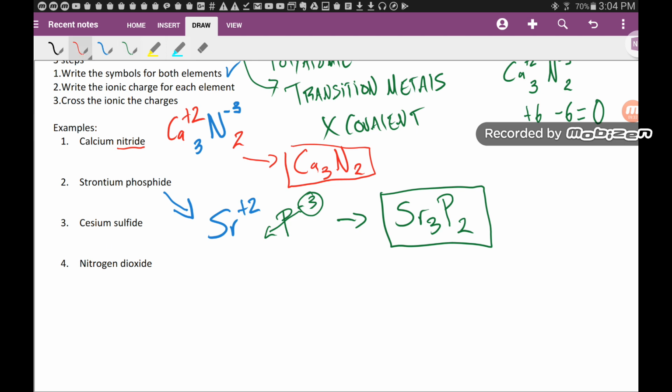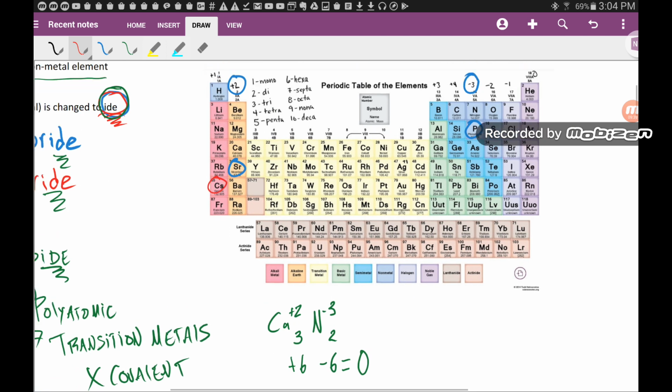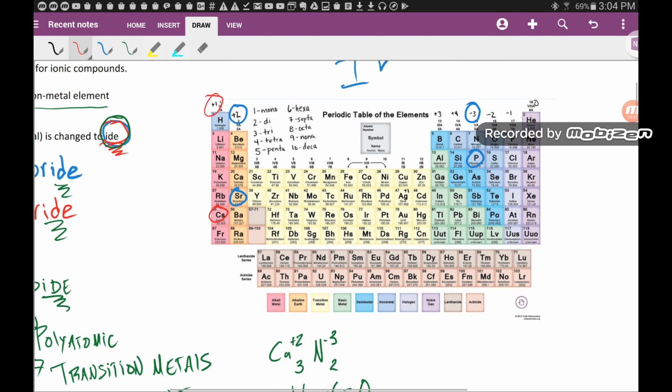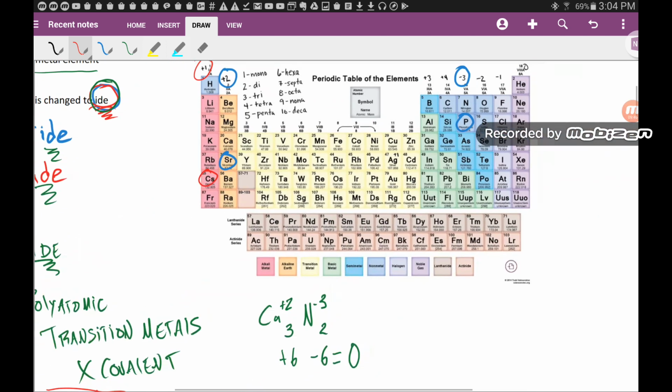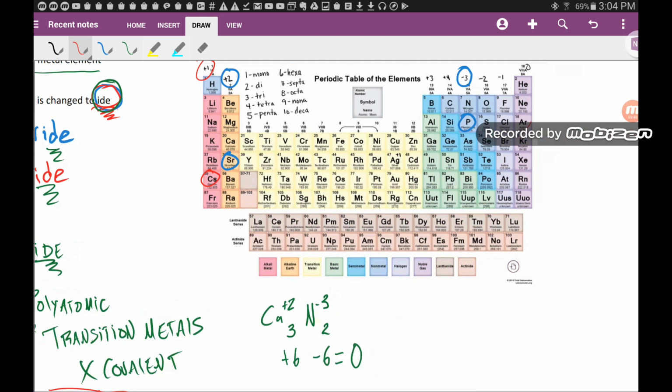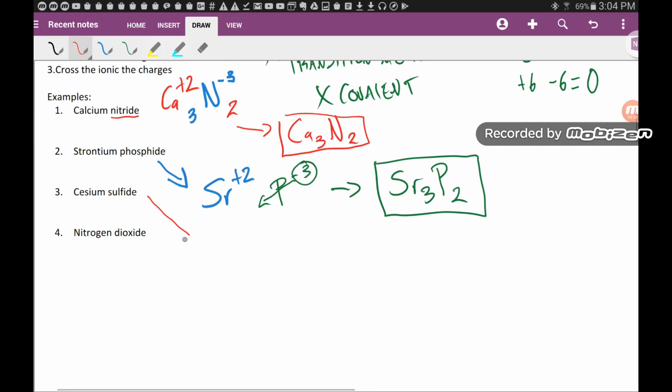Next example is cesium sulfide. Cesium is located in this side of the periodic table, and it has a charge of +1. And sulfide is over here, and it has a charge of -2. Okay, so we're gonna write our symbols, Cs and S. I'll do it in a different color.